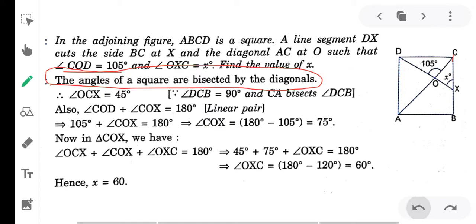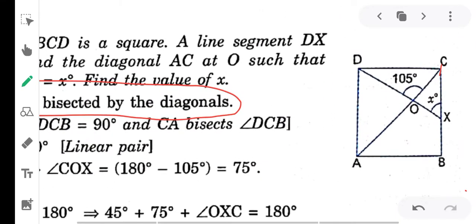We know that the angles of a square are 90 degrees. So angle C equals 90, and AC is a diagonal, so this angle will be 45 degrees.